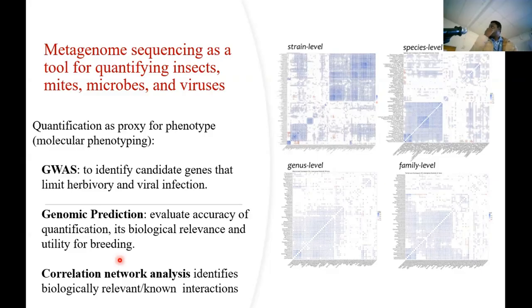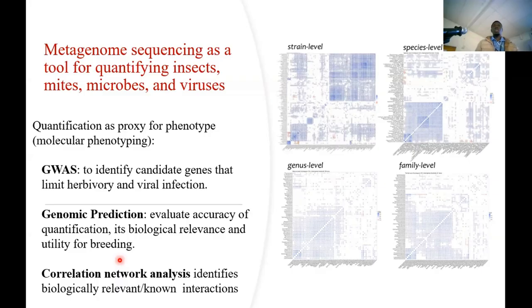So we could use GWAS to identify candidate genes that limit herbivory of insects or viral infections as well. And then we can also use genomic prediction to evaluate the prediction accuracy and quantification and its biological relevance, and also its utility for breeding.